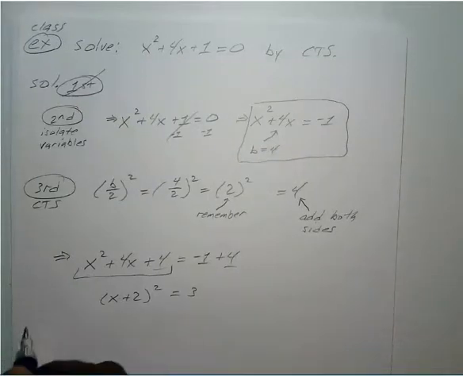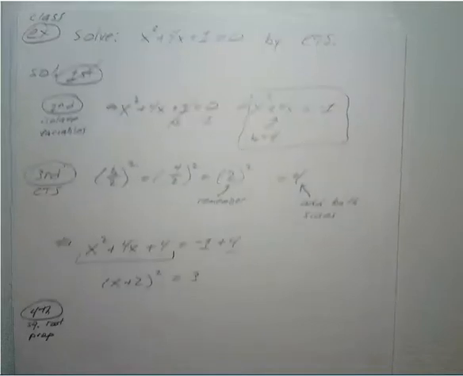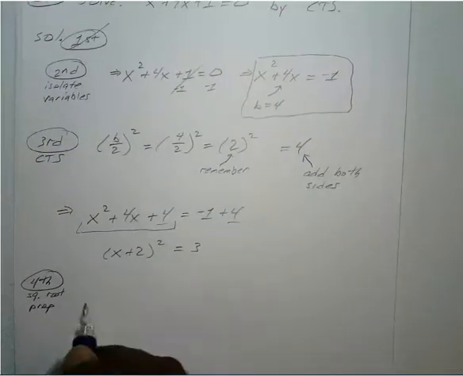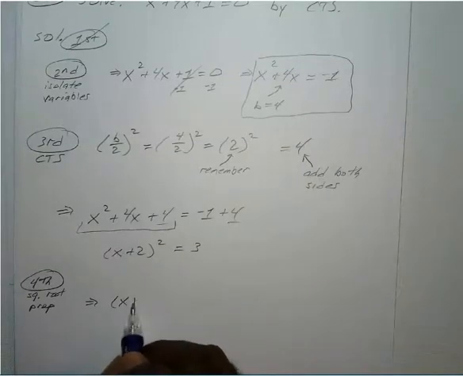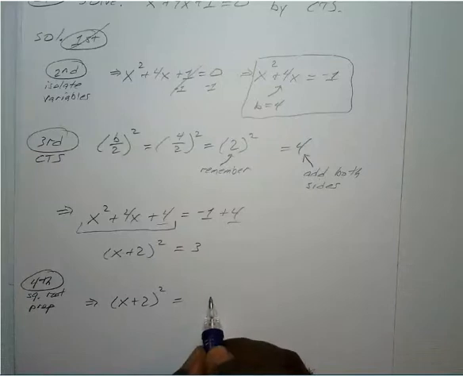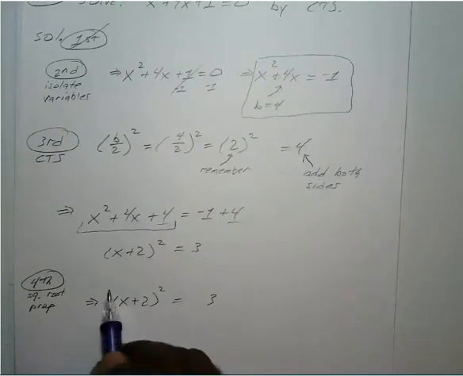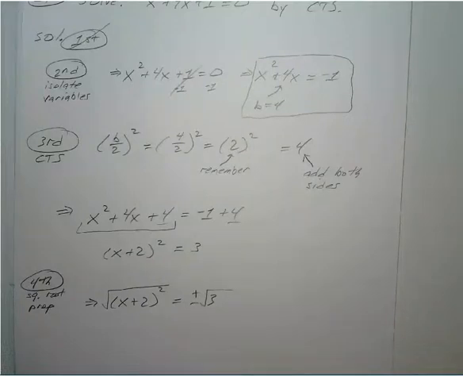So now we go ahead to our fourth step, where we apply the square root property. So x plus 2 squared equals 3. We just go ahead and square root both sides. And don't forget your plus minus.